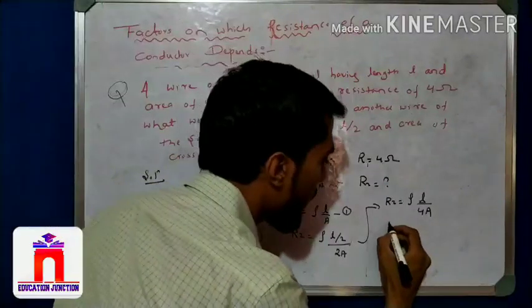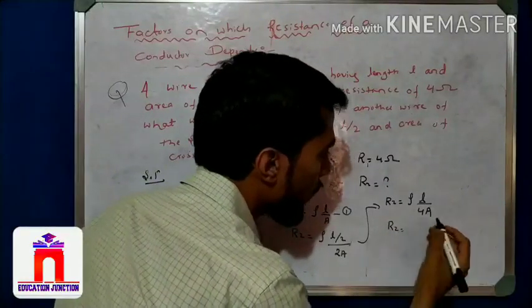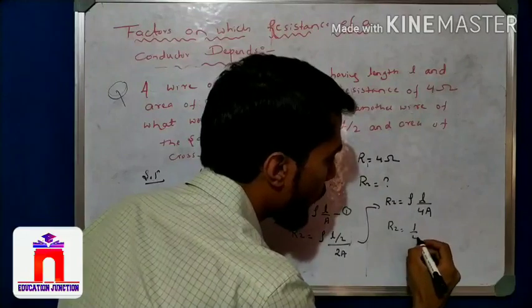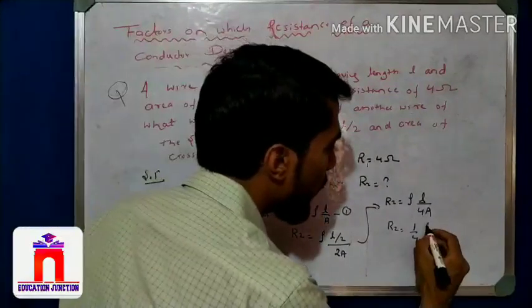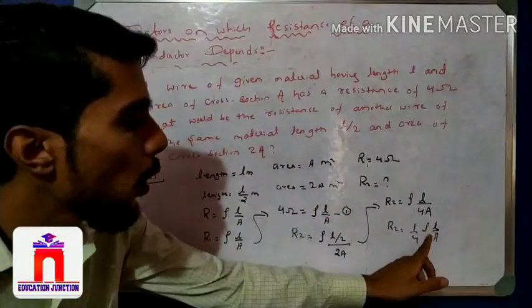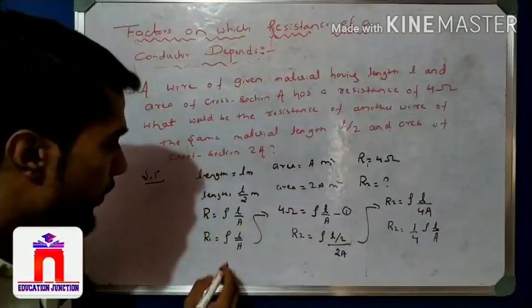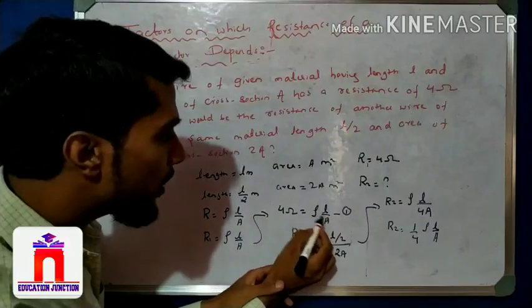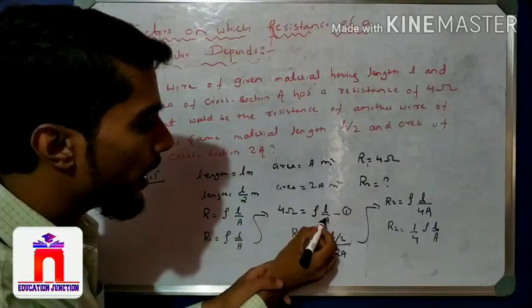Then I can rearrange it: take 1 by 4 outside and we get rho L by A. Observe that rho L by A is nothing but 4 ohm.